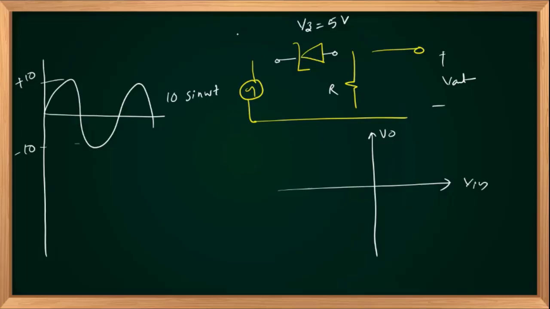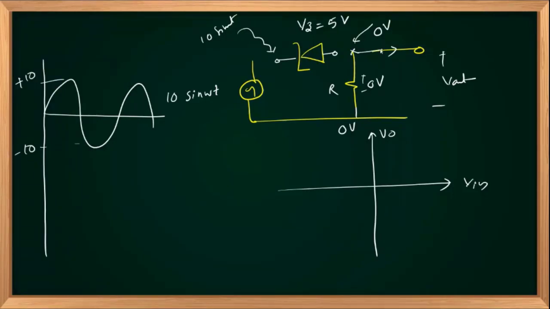The cathode voltage is nothing but 10 sin omega t, it's clear. For the anode voltage, the right side is open, the left side is also open, so no current flows through R and there is no drop across R. So the same 0 volts will appear at the anode terminal.